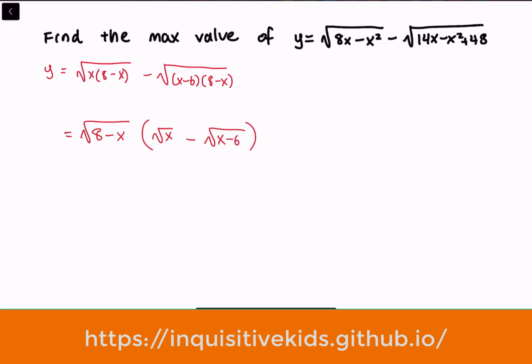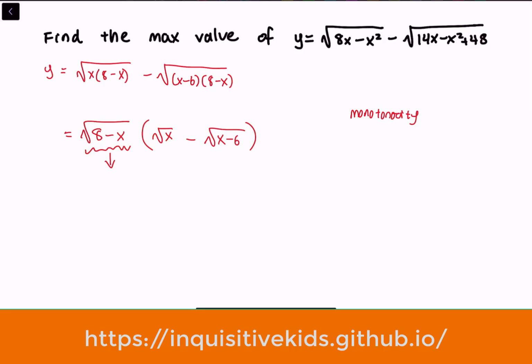So now let's analyze using monotonicity. We can see that as x increases, this part decreases. So this entire square root's value would decrease. And what about our parentheses? As x increases, the value of square root of x would increase, and then the value of x minus 6 will also increase.